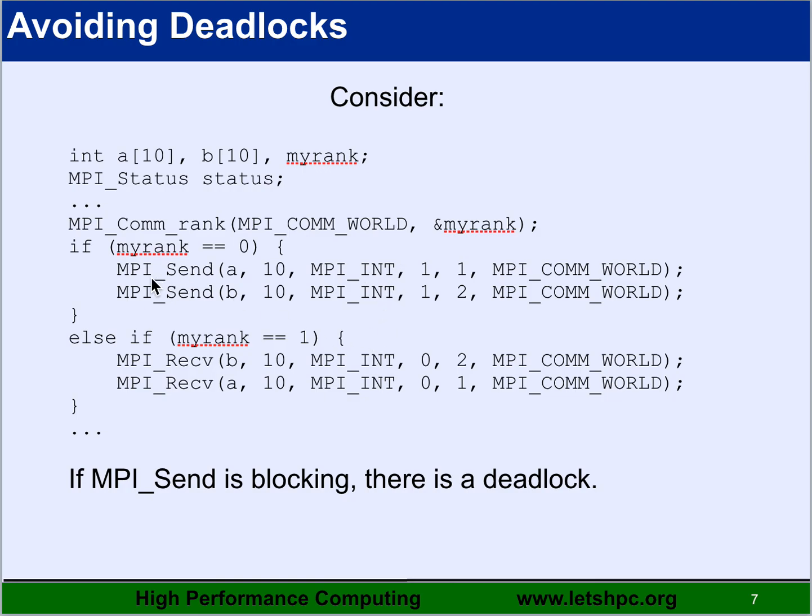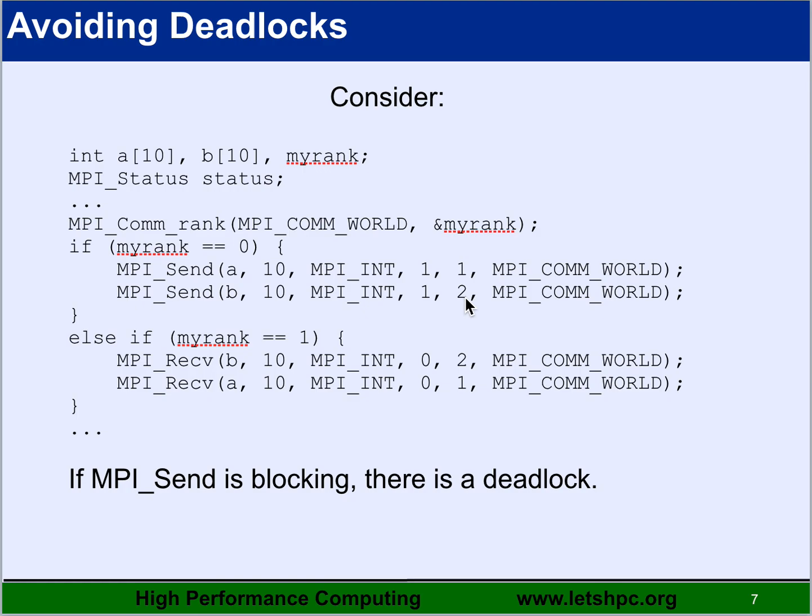This is point to point communication, from process 0 to process 1. Now process 0 wishes to send A and B to process 1 and process 2.